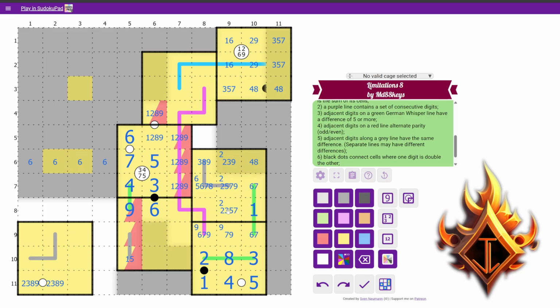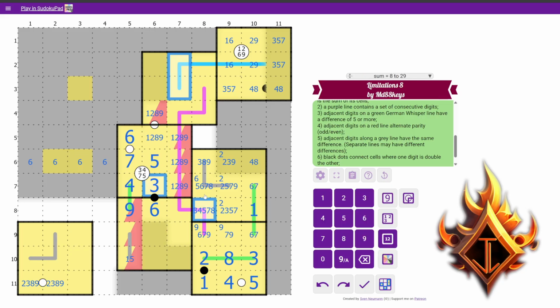2, 3. Not any type of combo. But what about this one? 1, 2, 3, 4, 5, 6, 7, 8. That's quite a lot. If this is a 3, it goes there. If it is a 4, it does not have to.